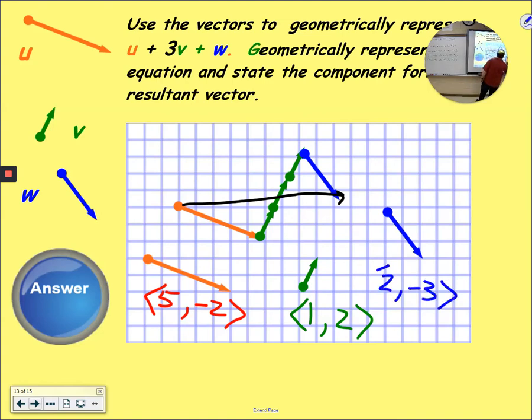So if we're adding these vectors up, let's start by looking at all of the x's that we're going to be adding. We've got 5 plus 1 plus 1 plus 1 plus 2. So that's 5, 6, 7, 8, 9, 10.